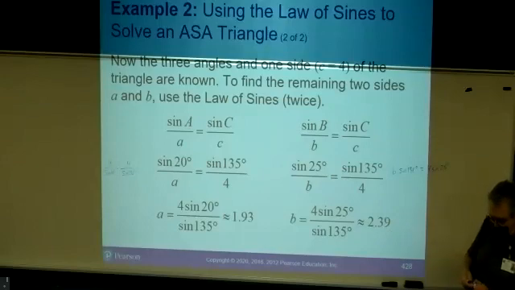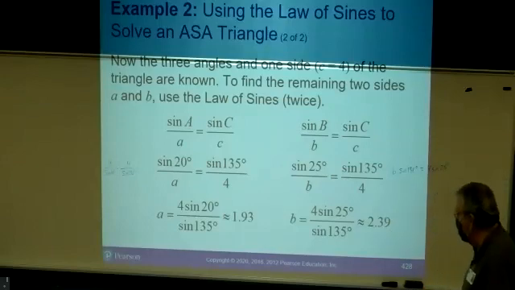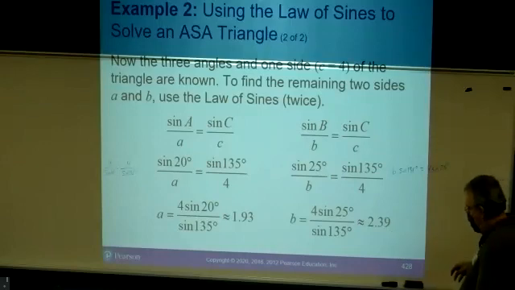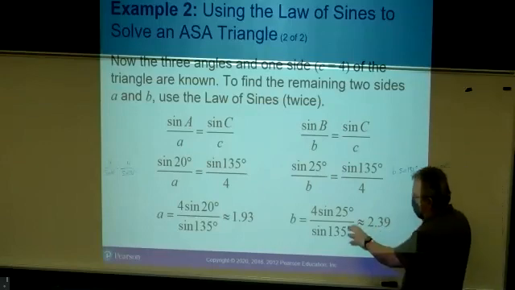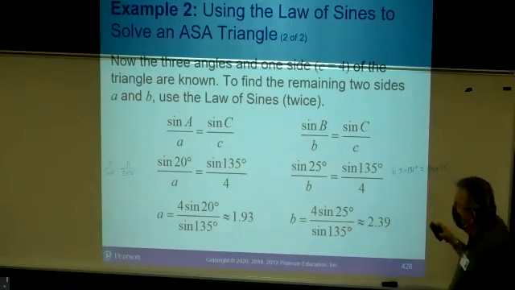Especially when you're punching in the sine or cosine or whatever, what's happening? Okay, how are you punching it in? That's usually the biggest mistake, people don't punch it in correctly. So you may think, well, how is that possible? Well, it's possible.